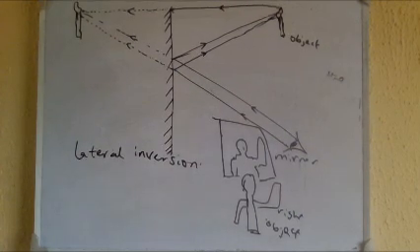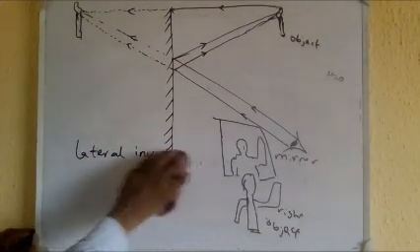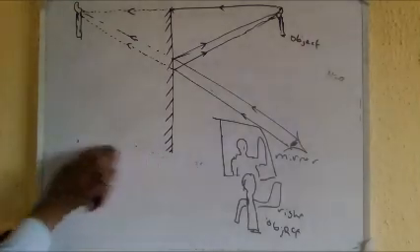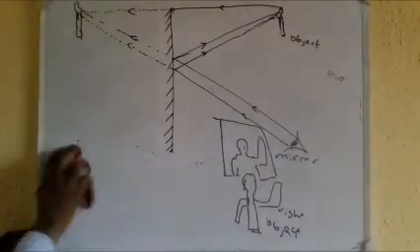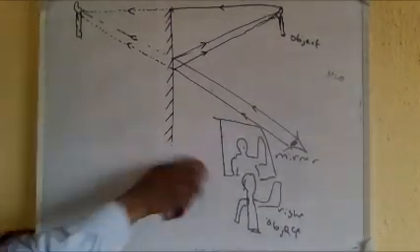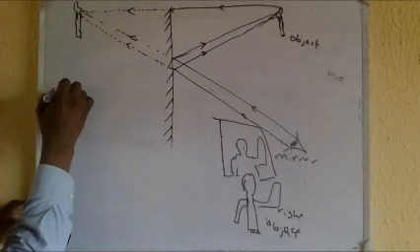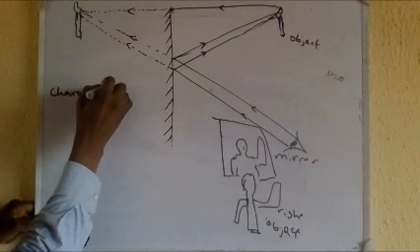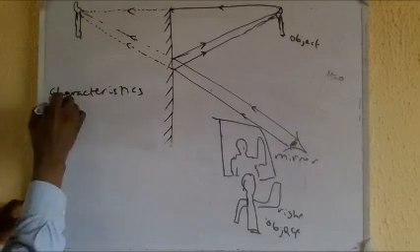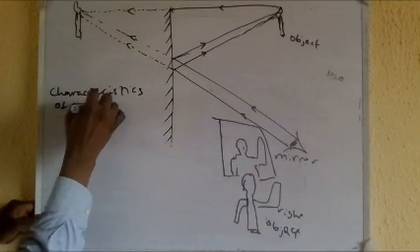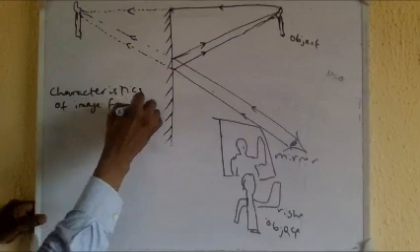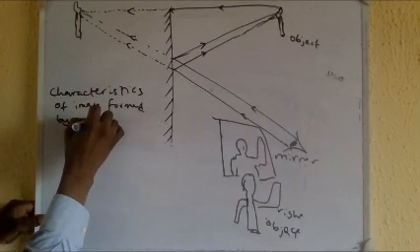So we can quickly summarize the characteristics of the image formed on a plane mirror. What are the characteristics of the image formed by a plane mirror?